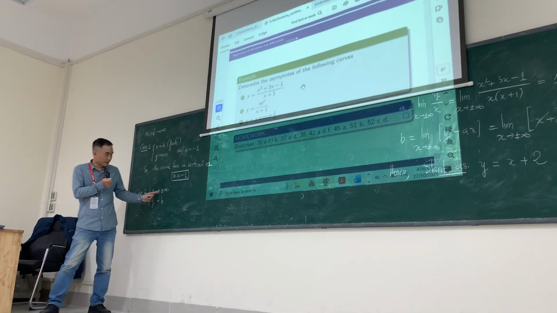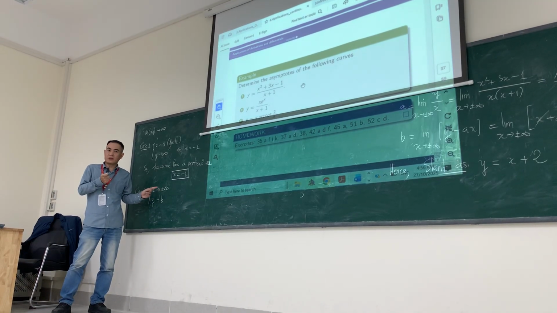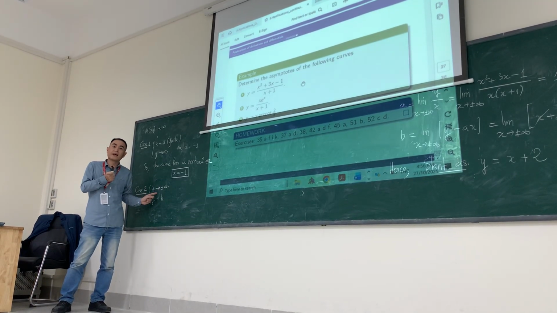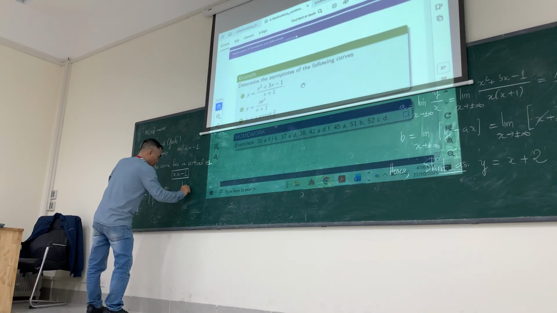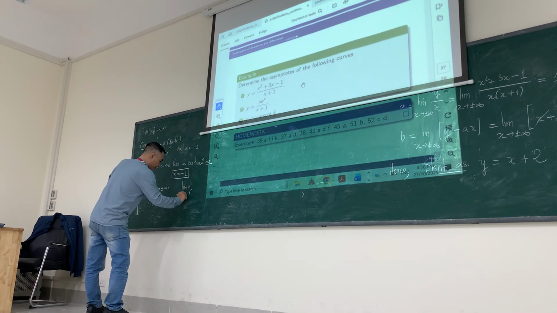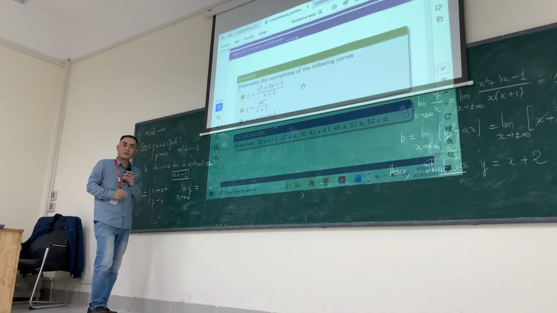Okay, x tends to plus or minus infinity. Does that mean x tends to positive infinity or x tends to negative infinity? So I think you need to estimate the limit of y when x tends to positive infinity.